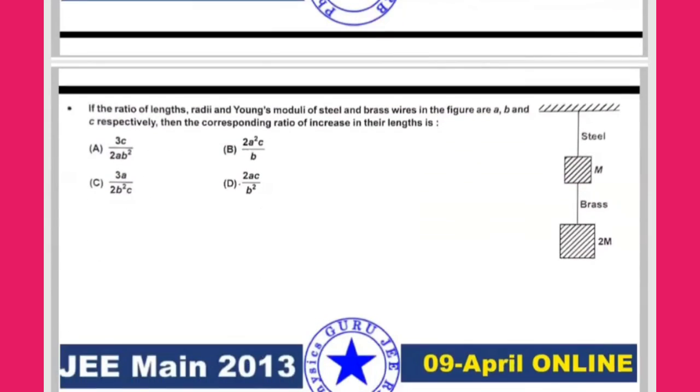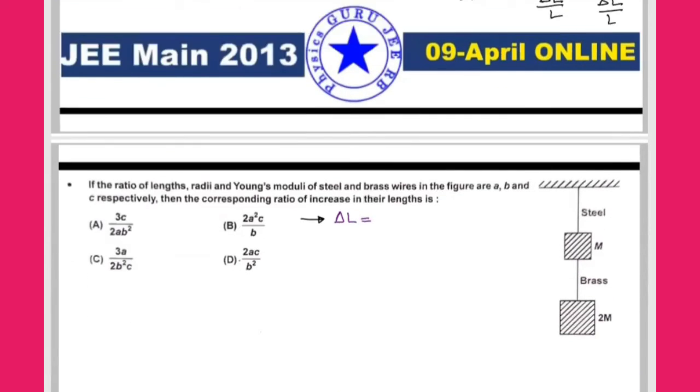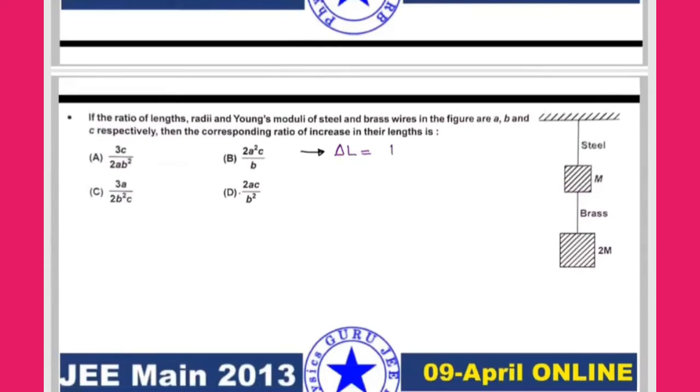Delta L equals T into L, tension into length, divided by pi r square into Y. Hope this is clear.